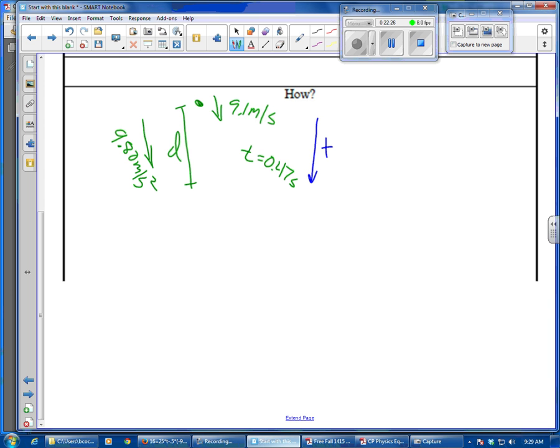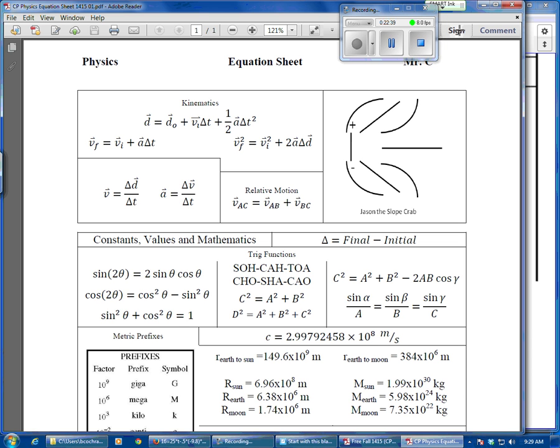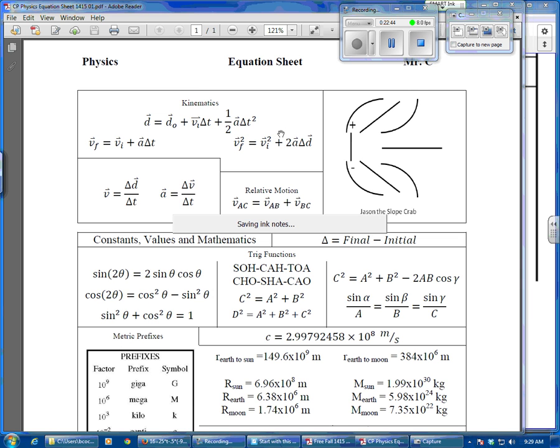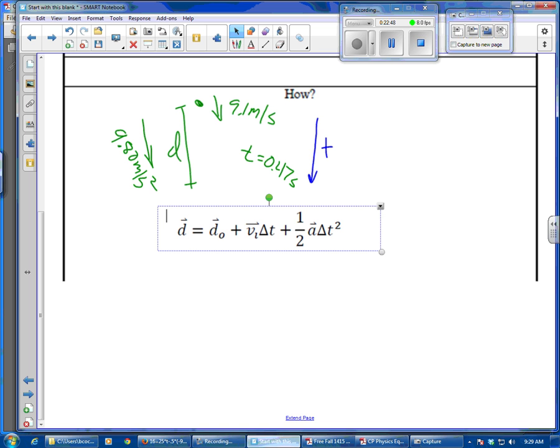I have an equation that talks a lot about where something is because of all of its initial start. And that's this first one, right? Yeah? Good. Glad to see you guys are getting this. Makes me more confident. So I picked that one. And I substitute in. I want to know where it started.